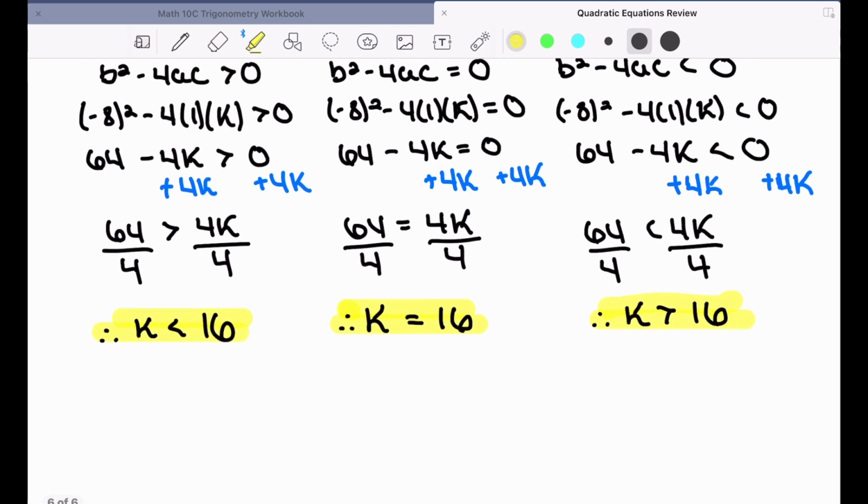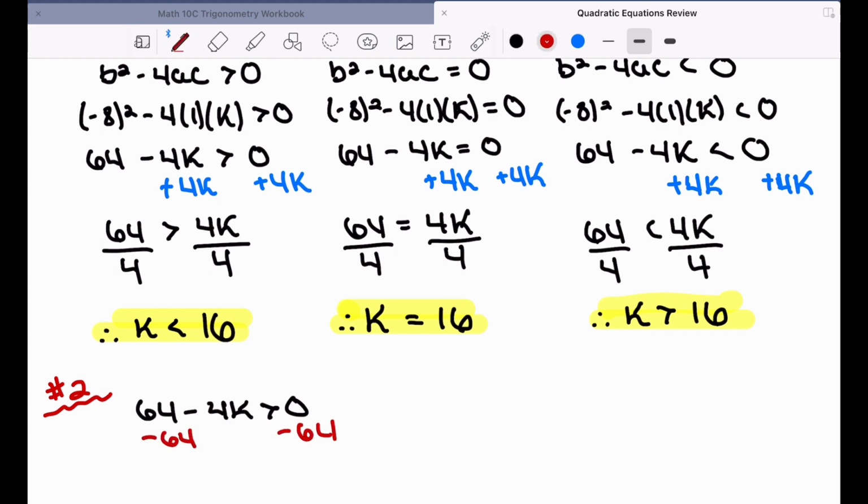Now, just as a teachable moment, suppose we consider the first example we had again. I'm just going to write a secondary option, so number 2. Suppose that we instead said 64 minus 4k is greater than 0. If I instead move the 64 over, so I say minus 64 on both sides, my next line is -4k is greater than -64.